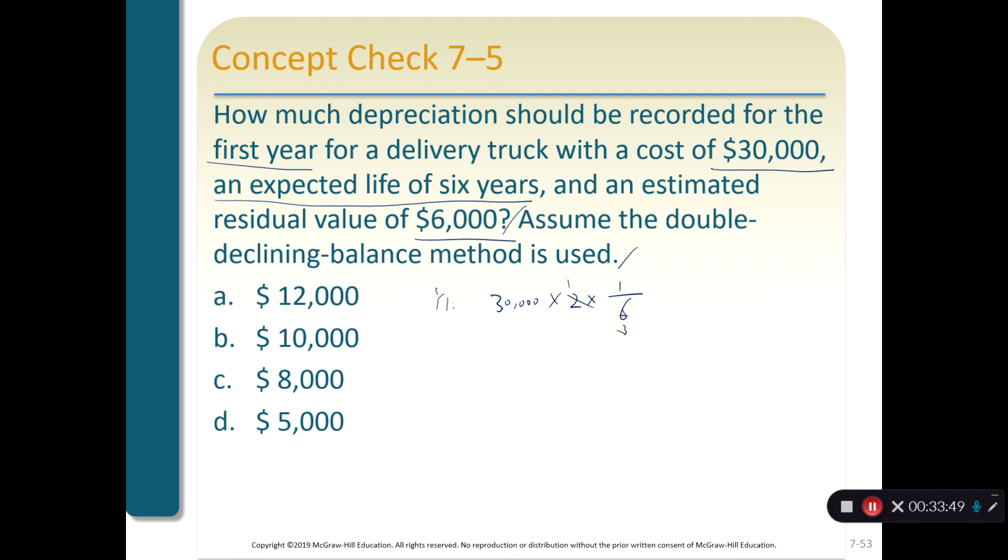So it should be equal to 10,000, right? Should be B, right? Because this is a straight line rate, and it's a double declining, hence we multiply by 2, right? And then we use the cost, not the depreciable cost here. We directly use the cost. Okay.